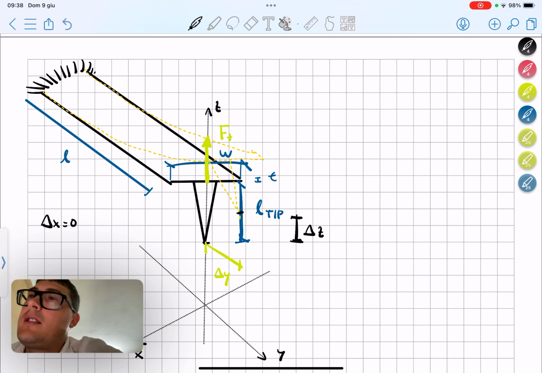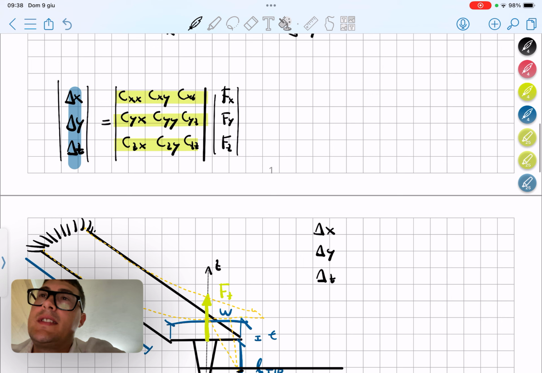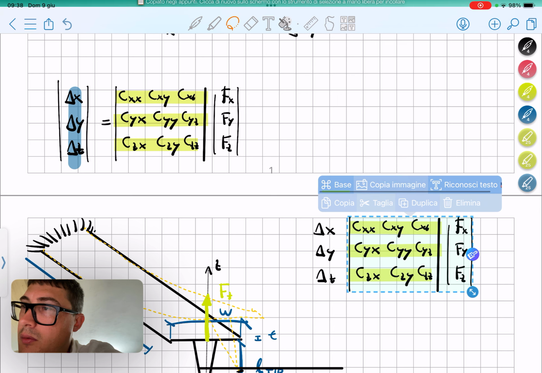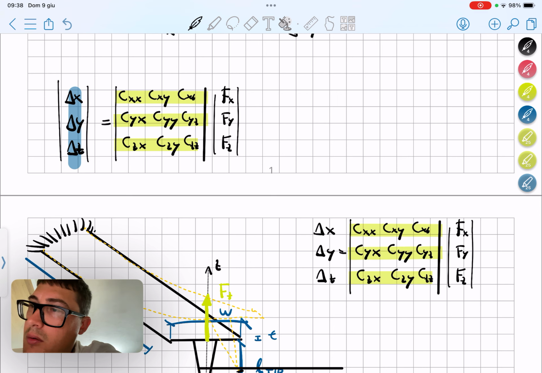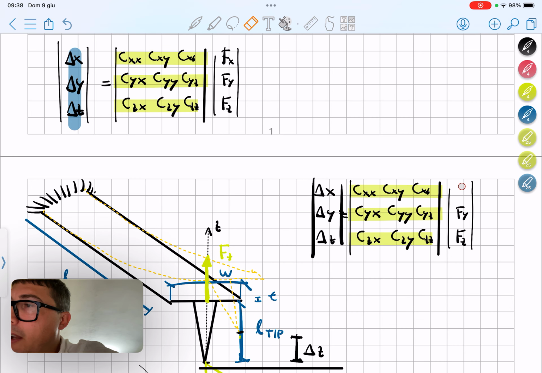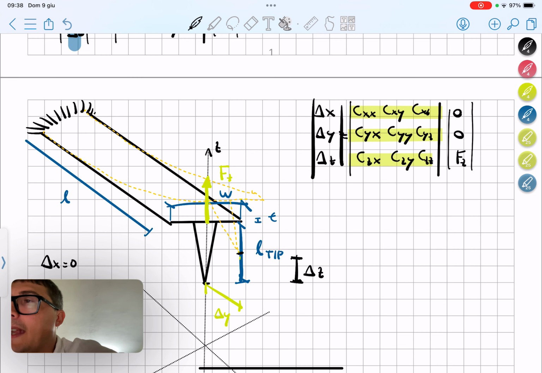Now let's write it in terms of equations, where we have delta x, delta y, delta z and the same matrix here, but f of x is equal to 0 and f of y is equal to 0. When we do the matrix multiplication, the only column that survives is this one, because the others multiply 0, so they cancel out.